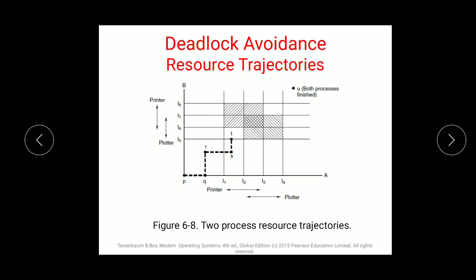An alternative method for avoiding deadlocks is to require additional information about how resources are requested by that particular process. If the sequence in which a process will request and release resources is known additionally, then we can decide for each request whether or not the process should wait.